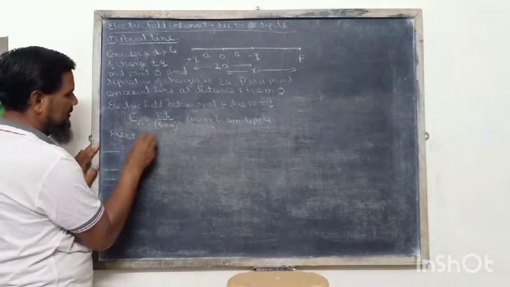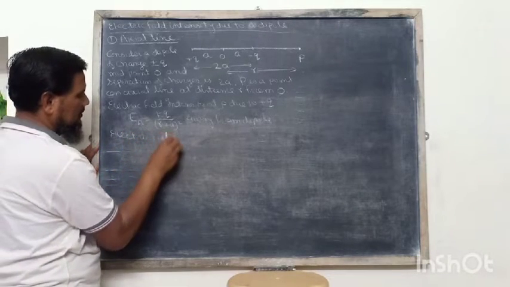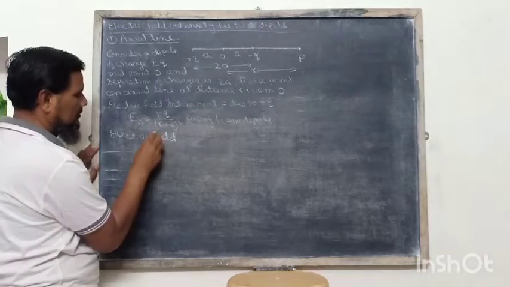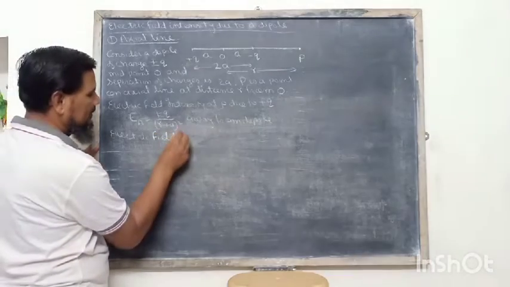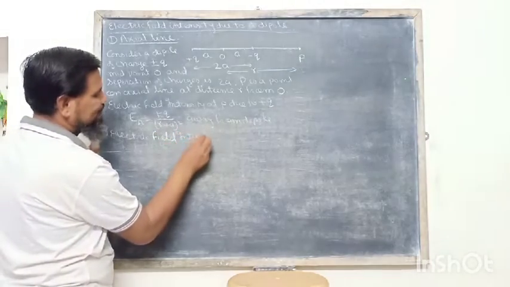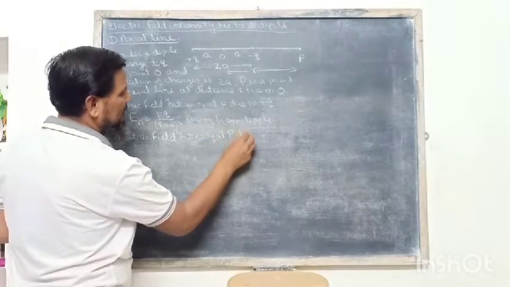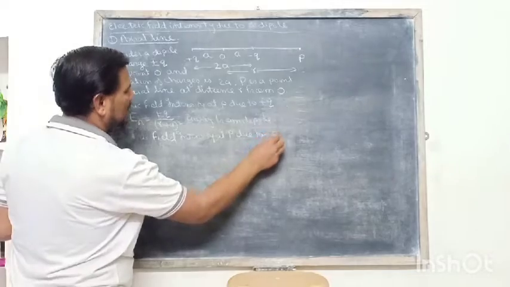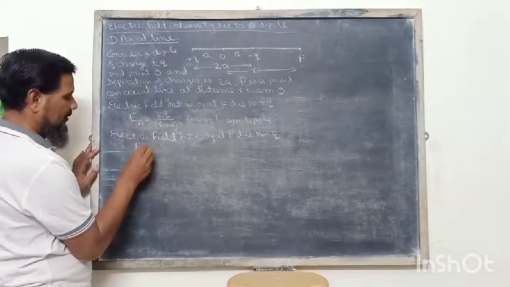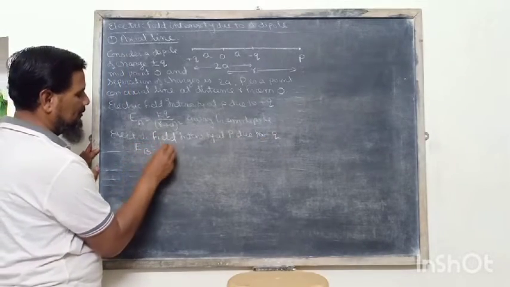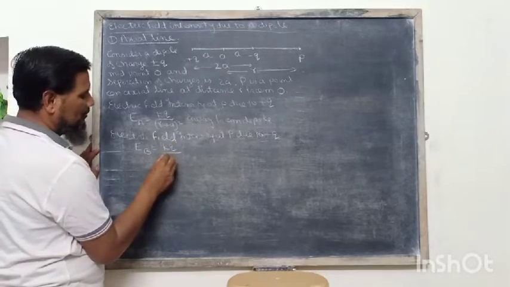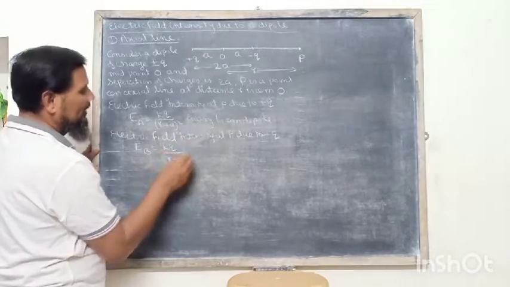Electric field intensity at P due to the minus Q charge, EB, is equal to KQ upon (r minus A) whole square.